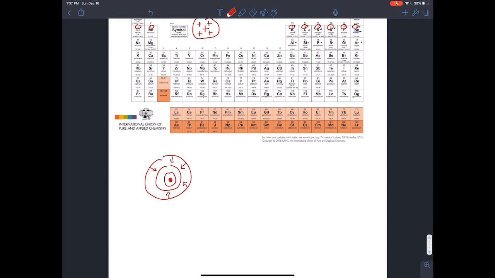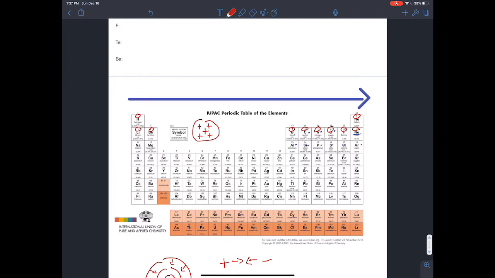The positive nucleus attracts the negative electrons. So going across the periodic table from left to right, we have stronger nuclei attracting electrons more strongly.